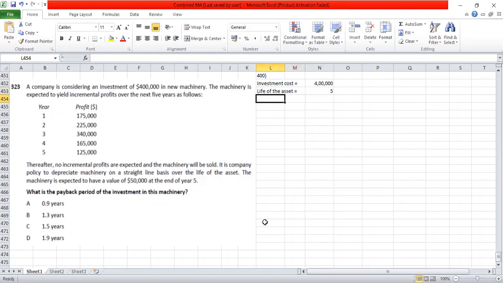Then after the 5 years there are some profits which are expected to be earned, but at the end of the 5 years time period they see that there is a salvage value. That is, if it is sold, it can realize 50,000 salvage value. So let's write salvage value.